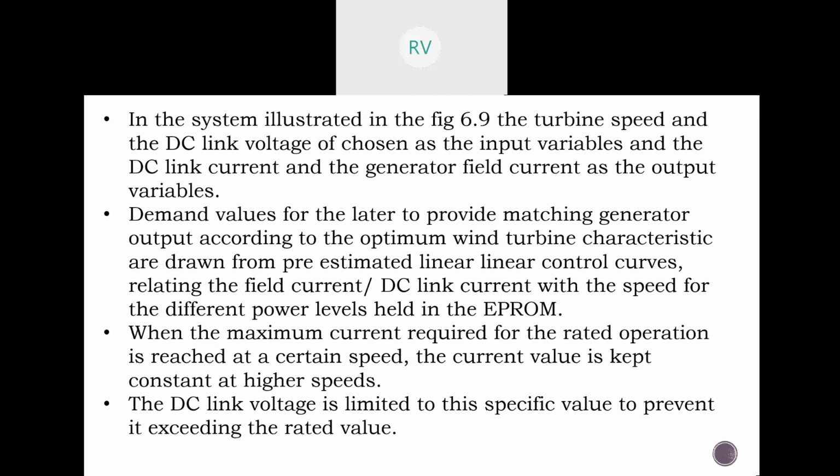We have already estimated the wind speed characteristics of the area and of the turbine, which we have seen in the previous chapters. There we have already established specific linear curves. From those linear curves we are just taking the values, in order to provide a matching generator output, and those values are stored in an EEPROM.